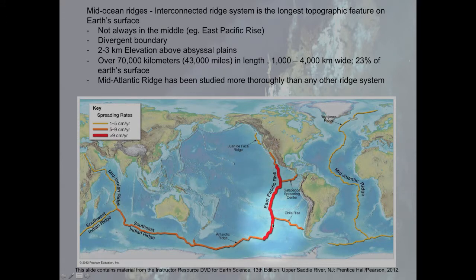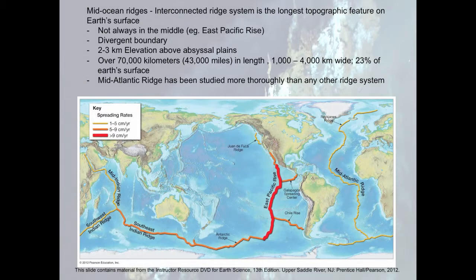It's significantly biased toward the eastern portion of the basin. So mid-ocean ridge is a little bit of a misnamed or unfortunate nomenclature. However, as long as you remember that they happen in the middle of ocean basins, not exactly the geographic middle, but in the midst, between abyssal plains, you'll be fine.